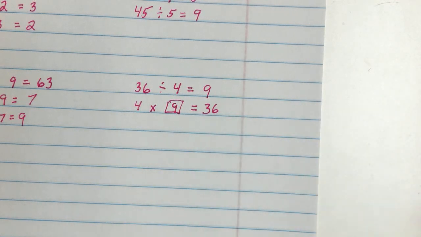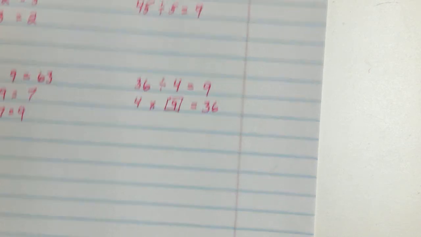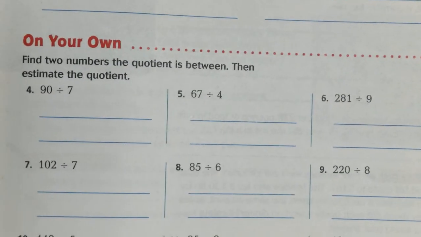Well, it's the lesson we're about to do. Okay, they word it a little bit differently, and so I'm just using different words to explain it, but yeah, it's the same concept.